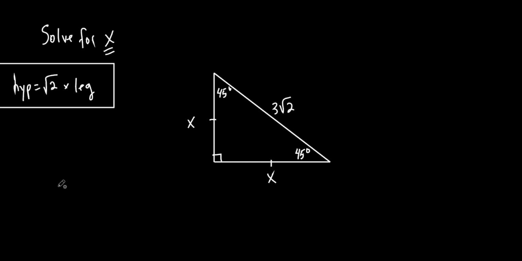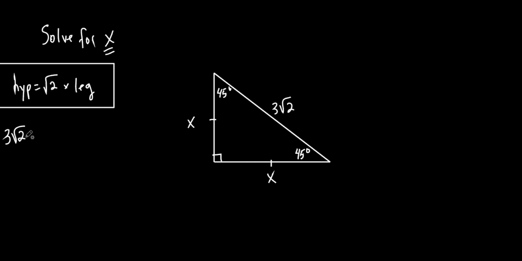Do I know the hypotenuse to this? Yeah, what is it? How do we say this? We've said this a bunch of times. 3 times the square root of 2. Or you could just say 3 square root of 2 if you wanted to. It's the square root of 2. It's not to a certain power. Okay, it's 3 times the square root of 2.